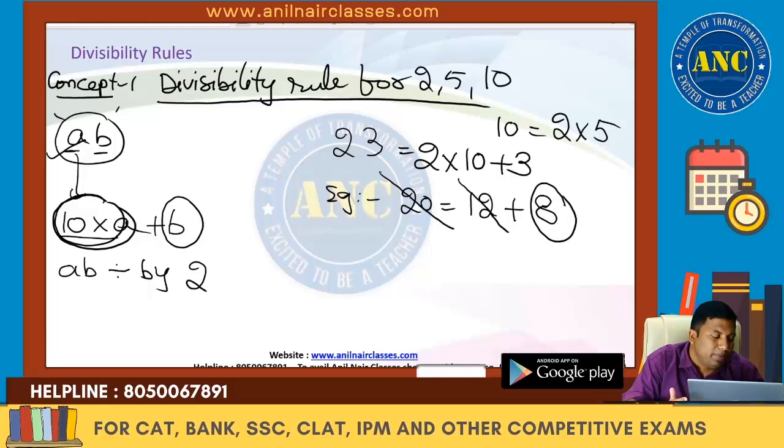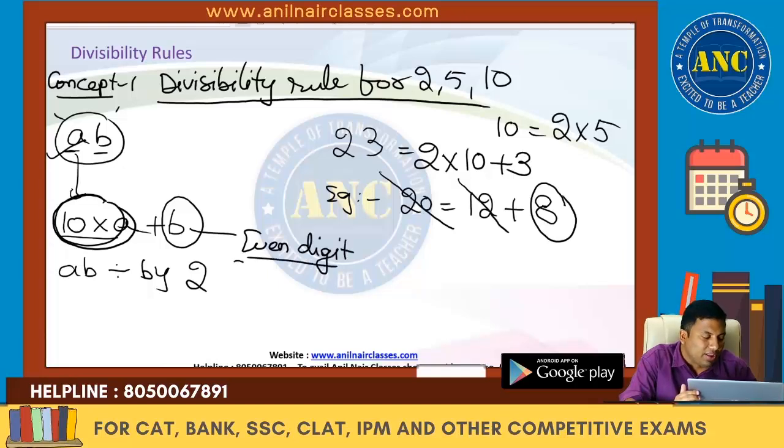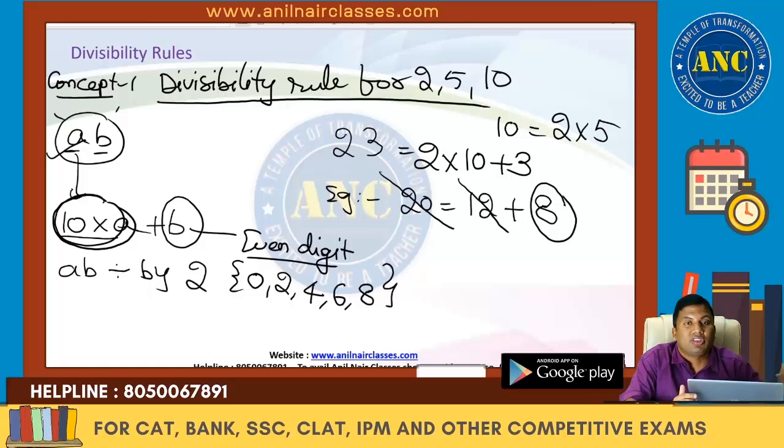B should also be an even digit, or B should take a digit which is nothing but an even number. That means B can take either 0, 2, 4, 6 or 8, because these are nothing but the even digits 0, 2, 4, 6, 8.